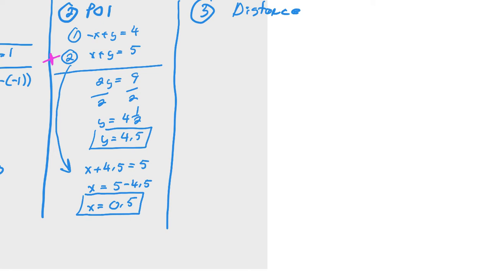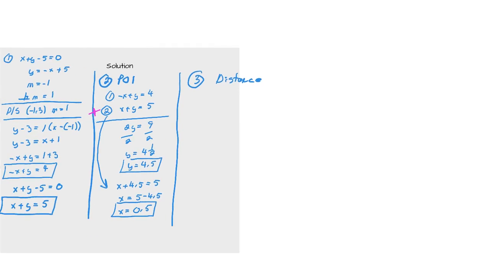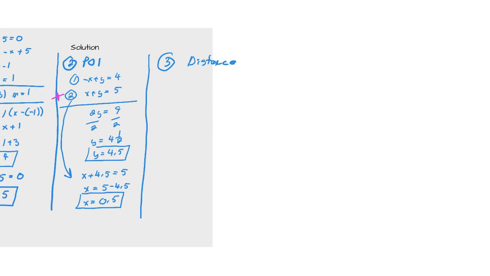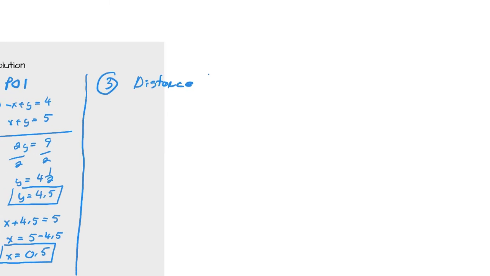And my two coordinates are the one given, negative 1, 3, and the one we just found, which is 0.5 and 4.5.